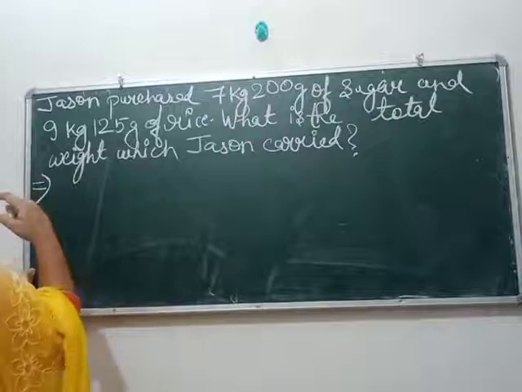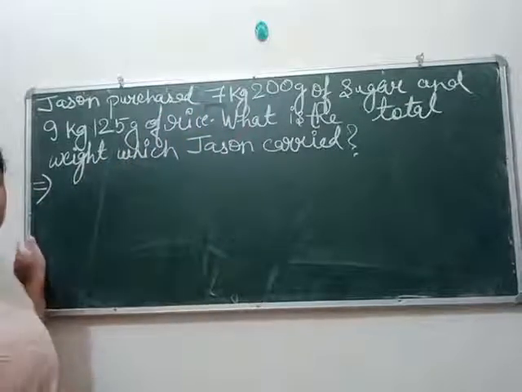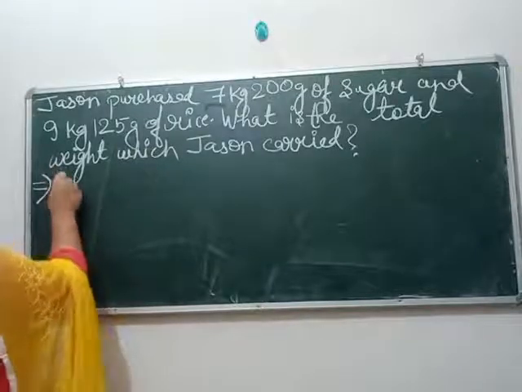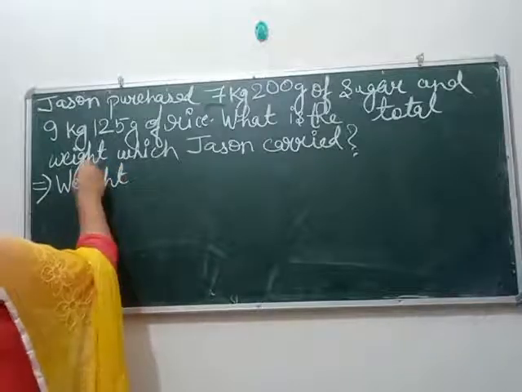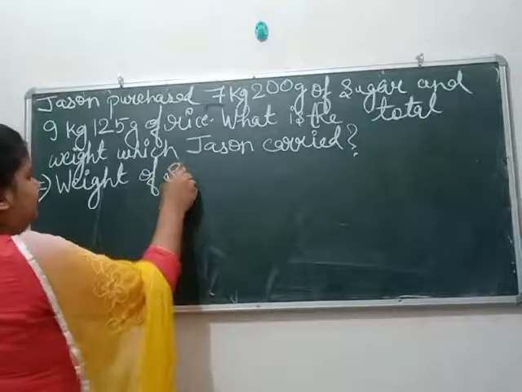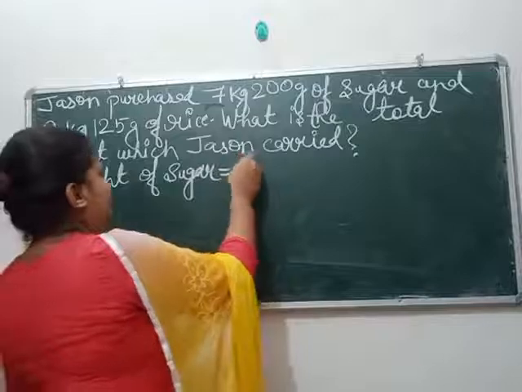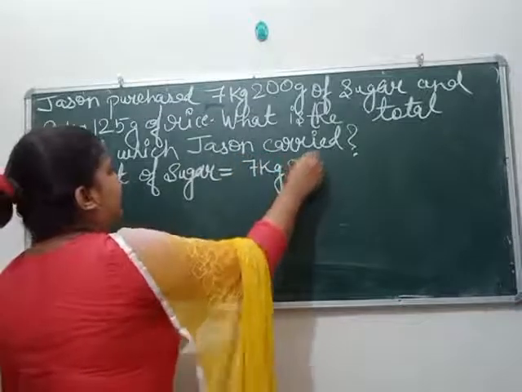First item that he has purchased is 7 kg and 200 gram of sugar. So weight of sugar equals to 7 kg 200 gram.